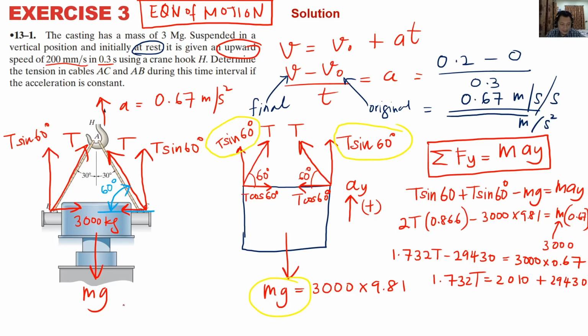Okay, so let's observe a bit. It's really rare that you can observe things. What is this? This comes from mg. What is this? This comes from ma. So this is the inertia part of it. The weight is 29430.